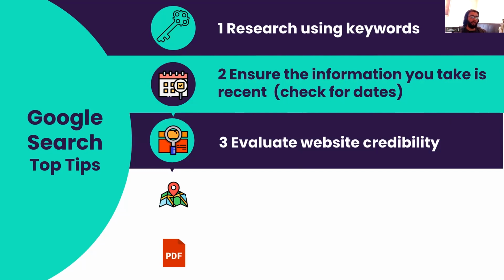So if you find an article that says your industry is worth $10 billion a year in the UK or in America, and you want to make sure that information is correct, you want to make sure that the source you're getting that from is credible, because if you go and use that in your business and tell your investors this is how much our industry is worth, you need to make sure that you're using credible sources and double checking and verifying them against other sources. So go to different websites and compare the sizes that they're saying an industry is and see what the common consensus is. That's generally the most efficient way of analyzing this.